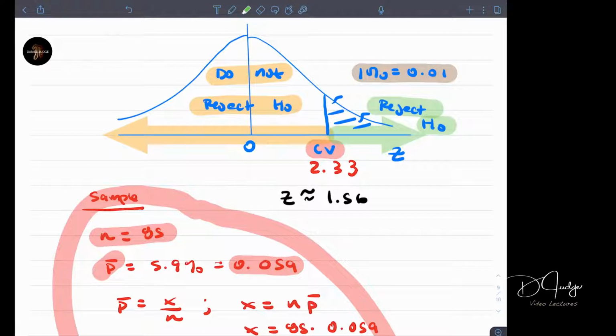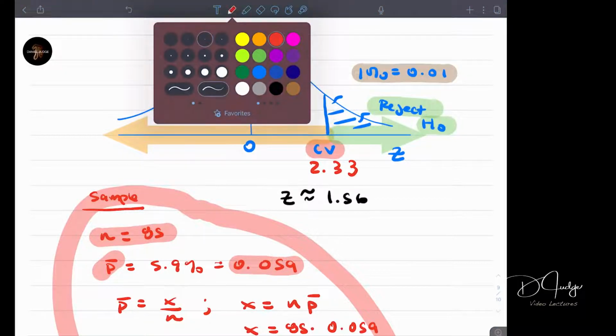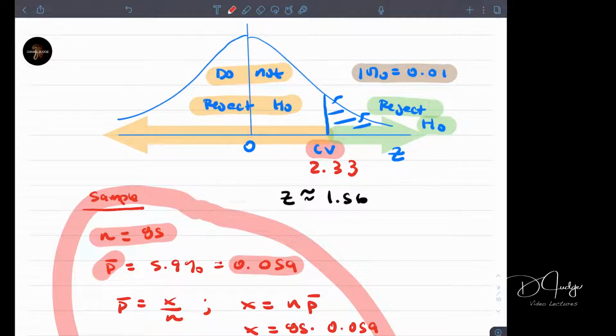Since z is 1.56, that is right over here. That's between 0 and 2.33, maybe somewhere over here, right? 1.56, that's the test statistic. It's in the do not reject the null neighborhood. In that region, do not reject the null. So do not reject the null.